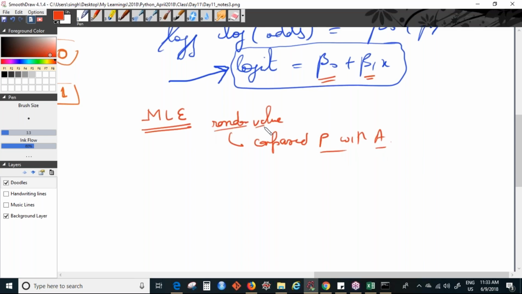Since they are random values, obviously they will not match, so it will keep changing the values over a lot of iterations, and finally it will get betas which give a result very close to the actuals. It will fix those betas, and once you have them, you have this equation. That is the maximum likelihood estimate.